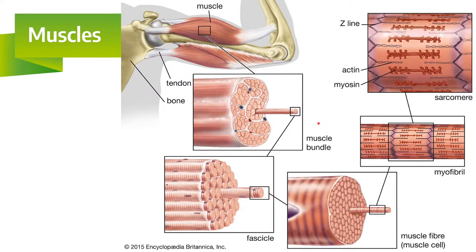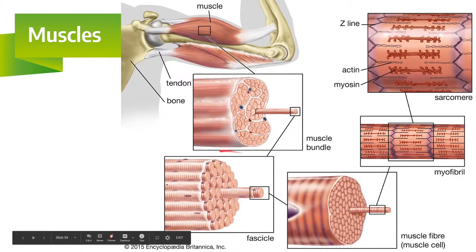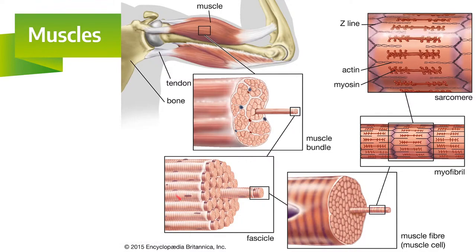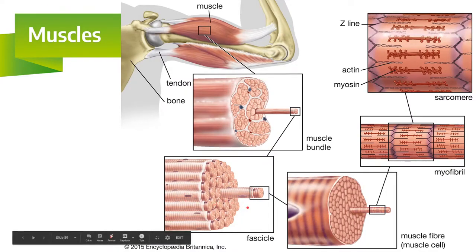These muscle bundles then are made up of different fascicles. And fascicles, what you can see here as purple, are basically made up of long cells, right? And the purple thing is the nucleus of the cell. And inside these cells, you can find muscle fibers.